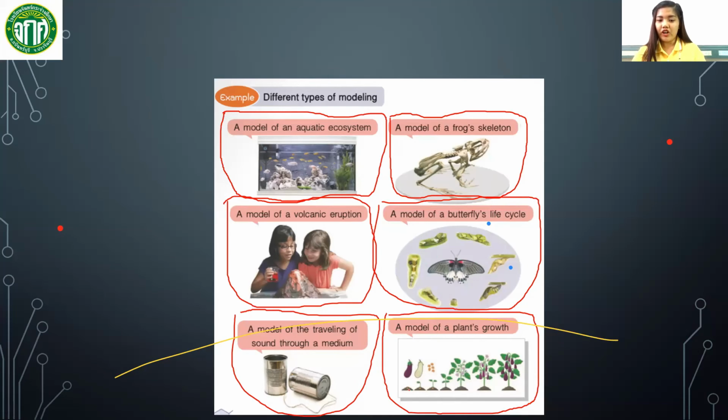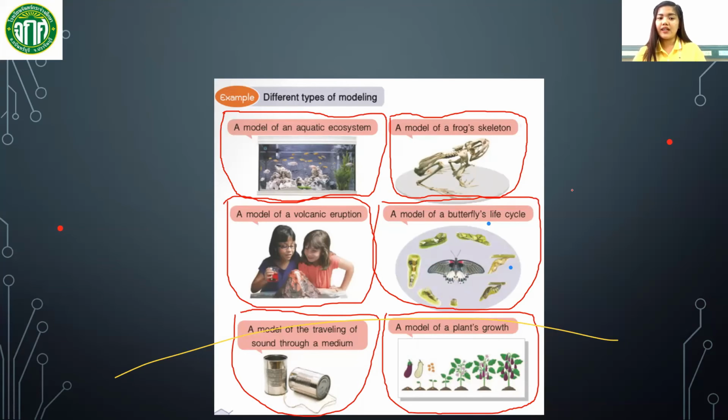So from seed until it grows bigger and bigger until it bears fruit. So we used here a picture also, same as the model of butterfly's life cycle. So those are examples of different types of modeling.